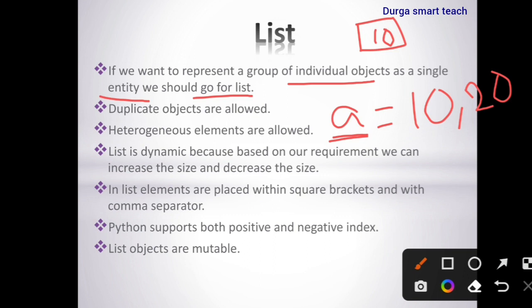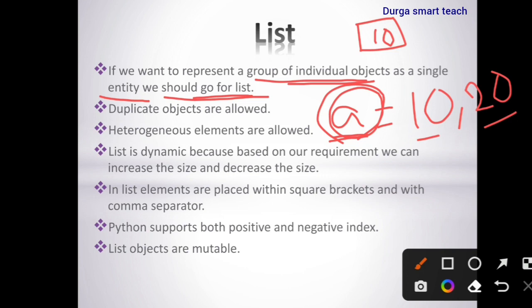So here if you want to represent a group of individual objects, the 10 comma 20 are the individual objects in a single entity. That entity is a. So we should go for list. In this case you need to use the list. List is allowed to store a group of individual objects.